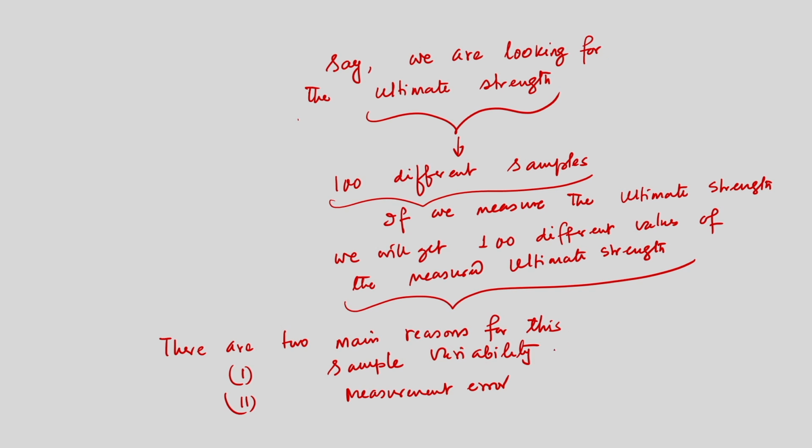What is this? Now consider this important point: regardless of the source of the variability, the plastic which is being produced, if we take samples, samples within a particular plastic may not be equal. So sample variability will be there, because of which we may get different values of the measured ultimate strength.